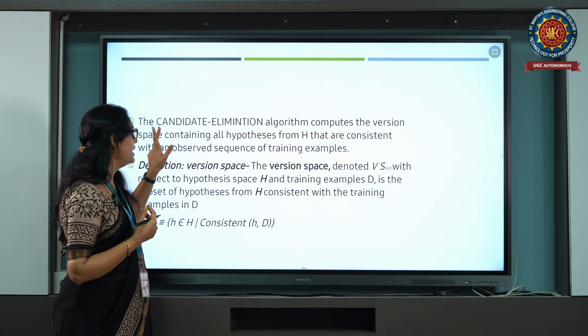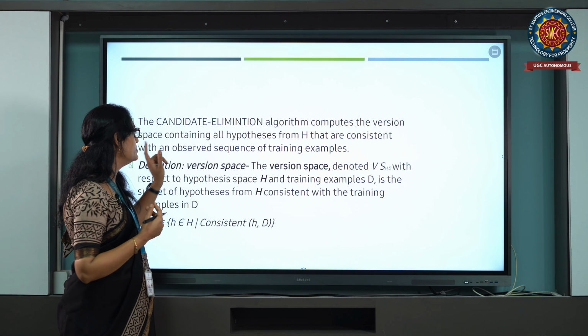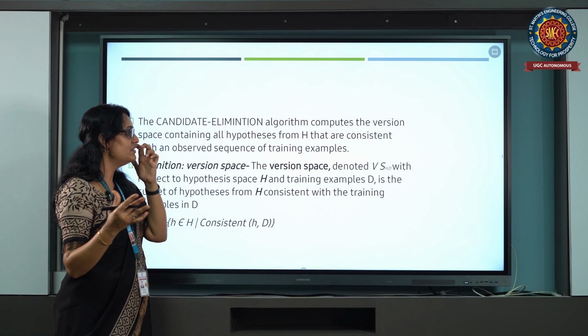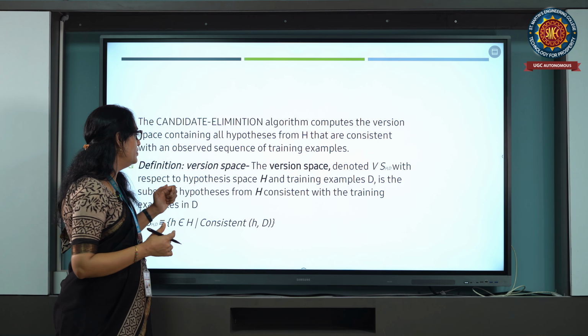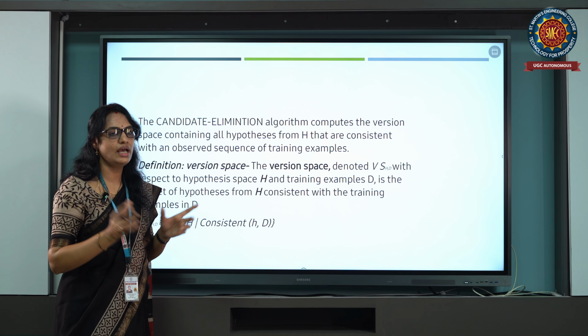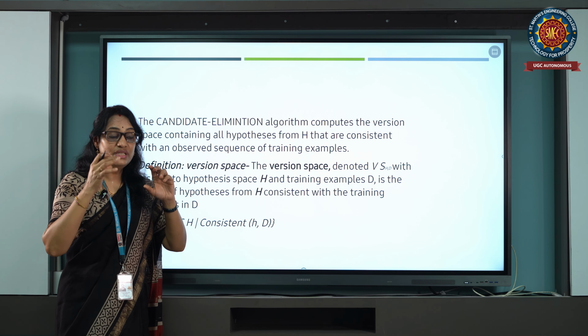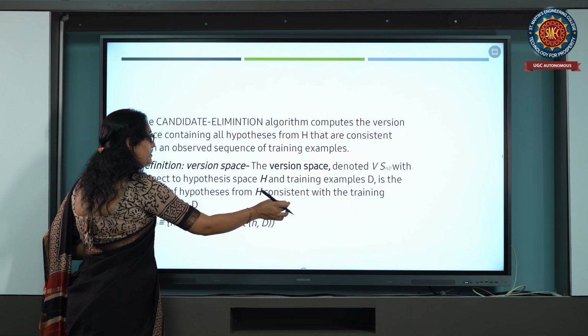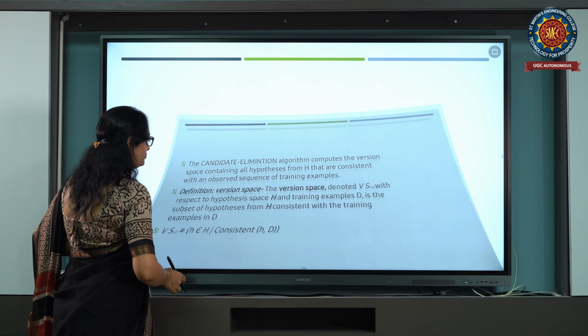So the candidate elimination algorithm computes the version space containing all the hypotheses that are consistent with the sequence of training examples. So we will see first what this version space is. Version space means it contains all the hypotheses which are consistent with the given hypothesis only. So here we will see what is this consistent.